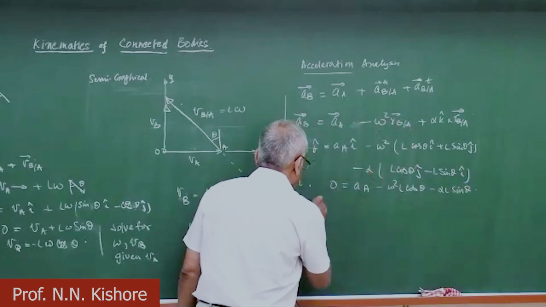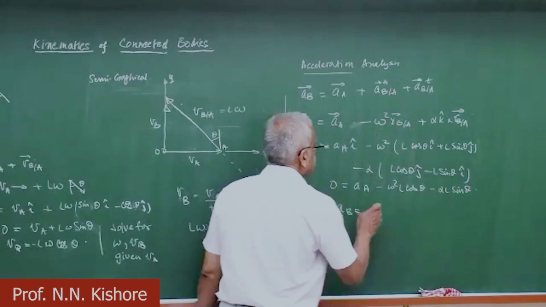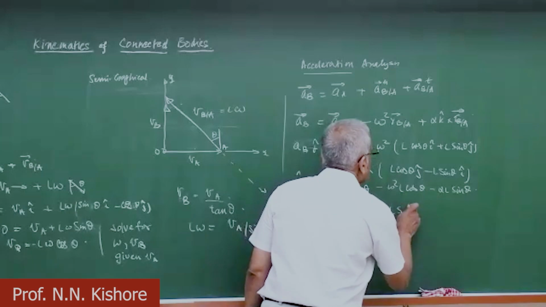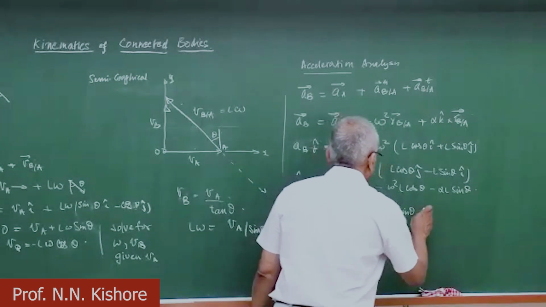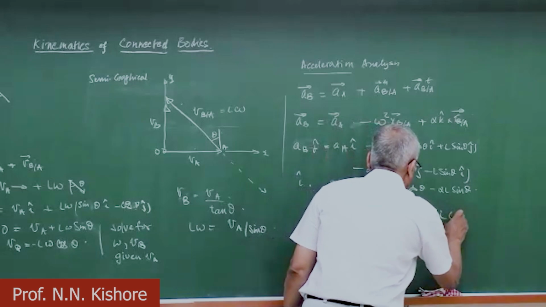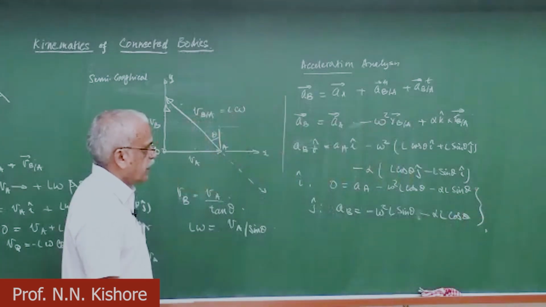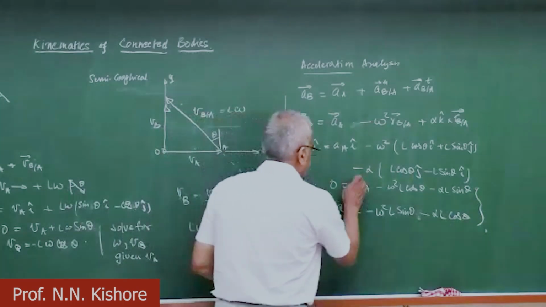And so similarly for J, we have AB is minus omega square L minus alpha L. So you have two equations like this, and you can solve for, usually AA is given to you.